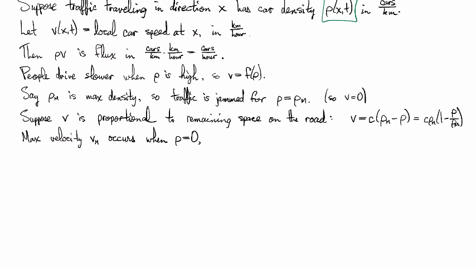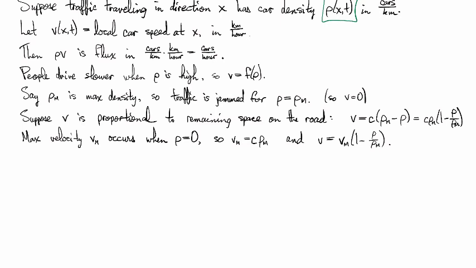So the maximum velocity is going to be c times rho max. And this means that our velocity is max velocity times 1 minus rho over rho max.